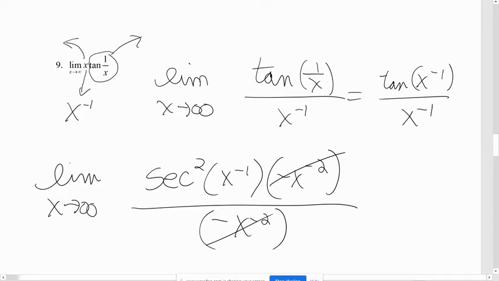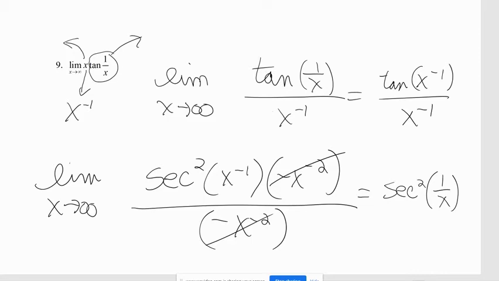So I've got really secant squared of 1 over x. That's what that was simplified to.